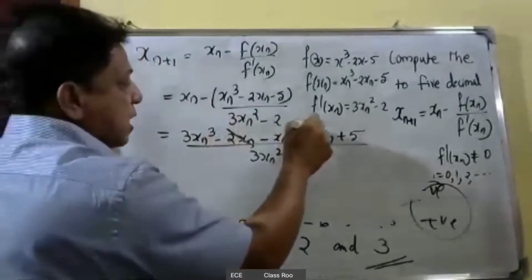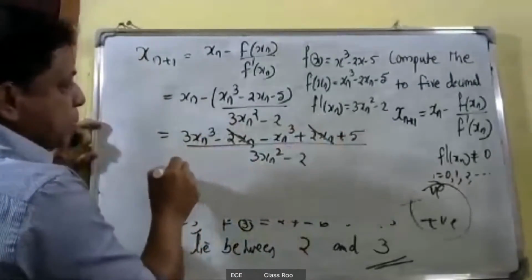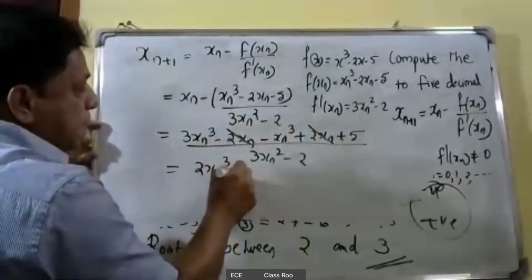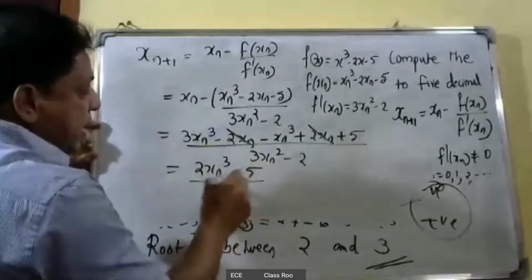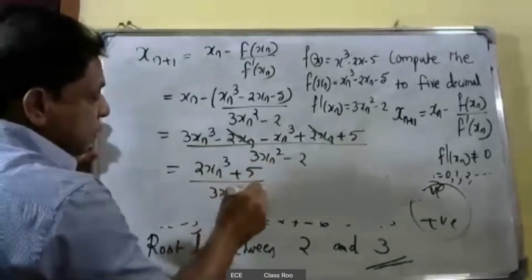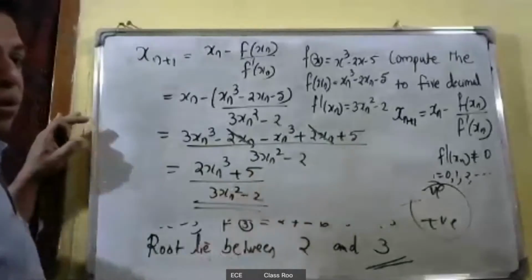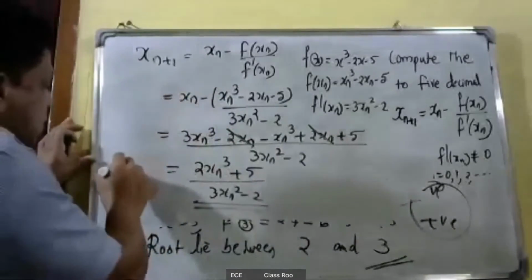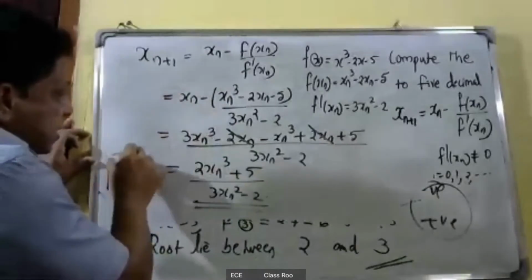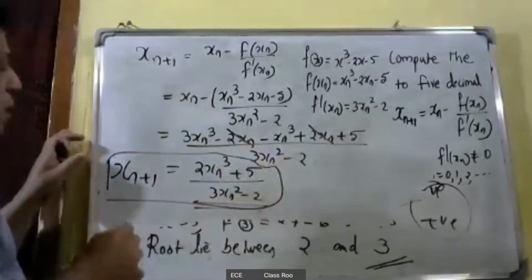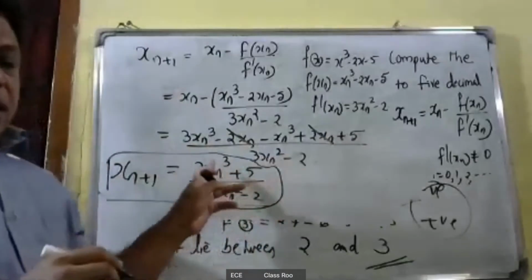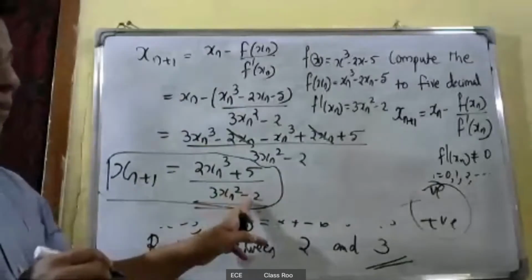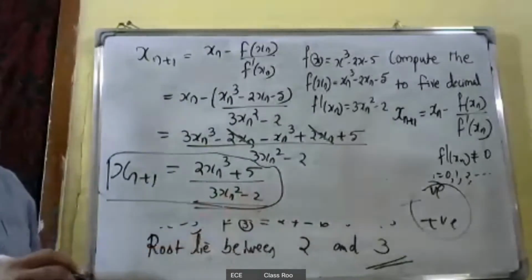Cancel minus 2xn and plus 2xn. 3xn cube minus xn cube is equal to 2xn cube plus 5 by 3xn square minus 2. We simplified the formula. Therefore, xn plus 1 is equal to 2xn cube plus 5 divided by 3xn square minus 2. This is the formula.